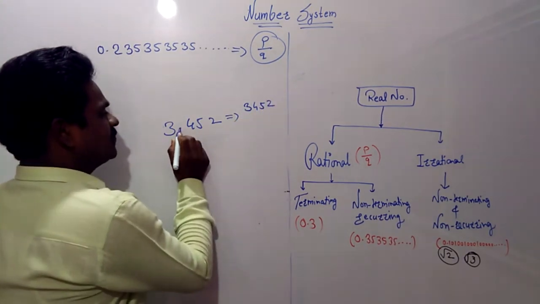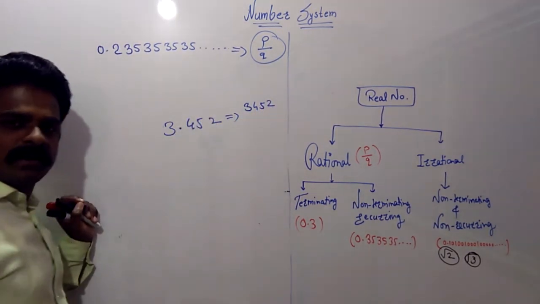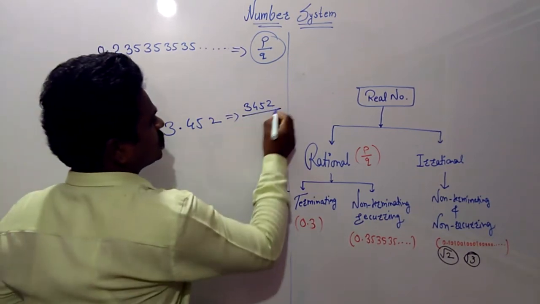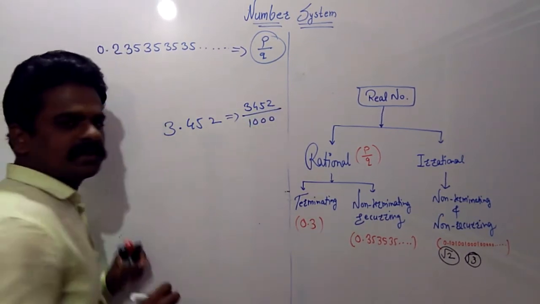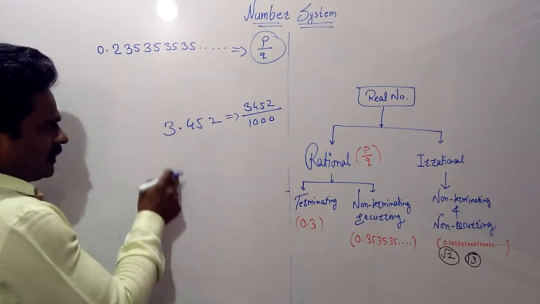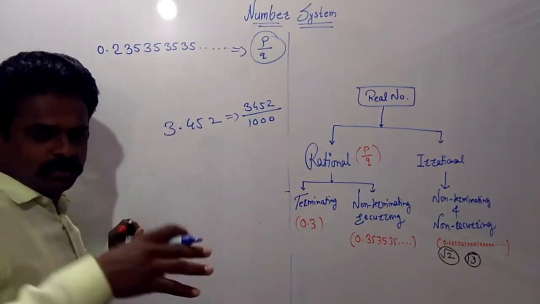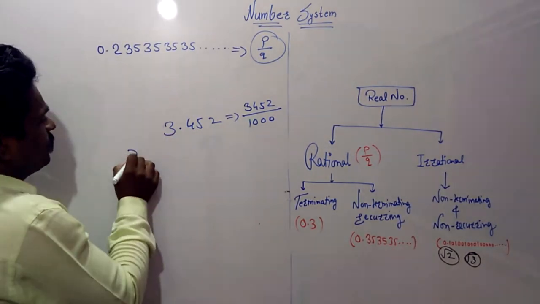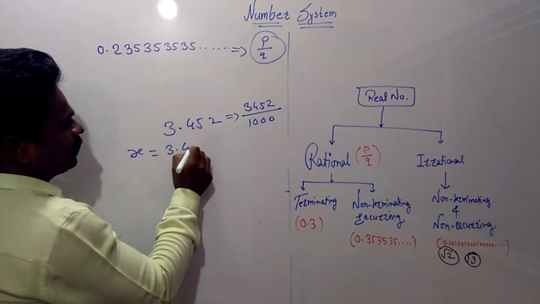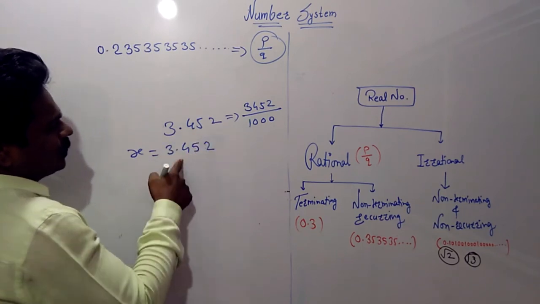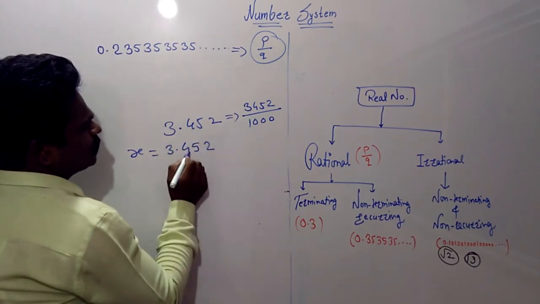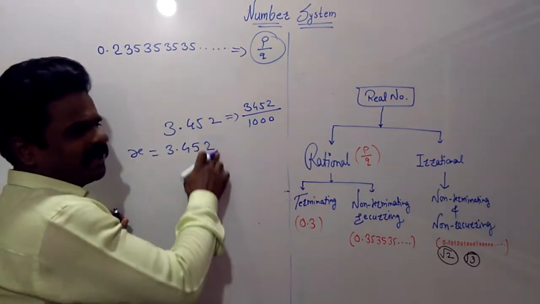And how many digits were there after the decimal point? Only 3. So we will do it this way. You can do this in a similar way which I told you in the previous example also. Mention this as x, 3.452. Now suppose this is the terminating one.